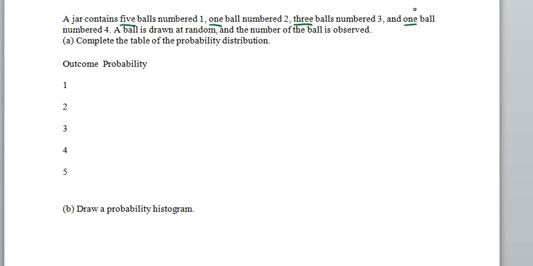And we're asked to do a distribution for the outcomes from 1 to 5.